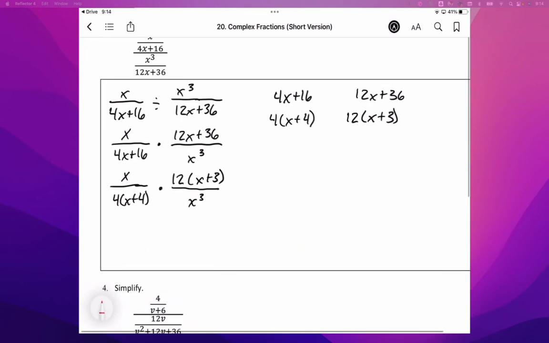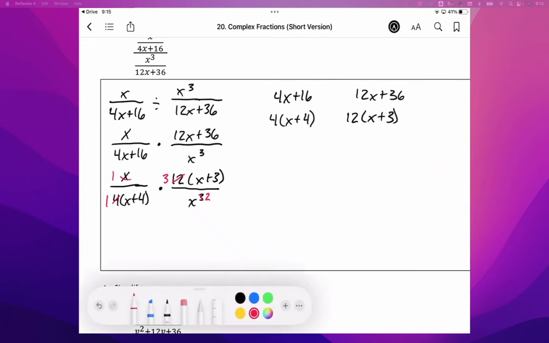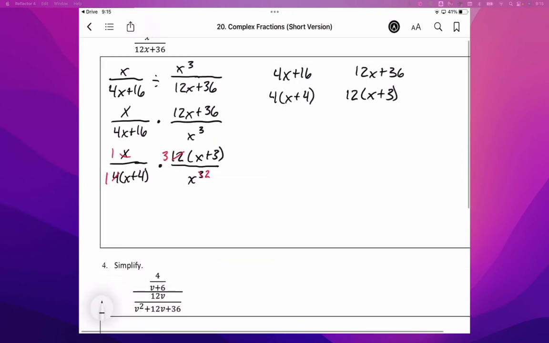Now we can start doing some cross-canceling. So again, that x is going to cancel and become a 1. That 3 is going to be reduced to a 2. The 4 and the 12 will cancel, making that a 1 and that a 3. And I think that's all we can do. So what we've got in the numerator is 1 times 3 is 3, and then the x plus 3 is still there.